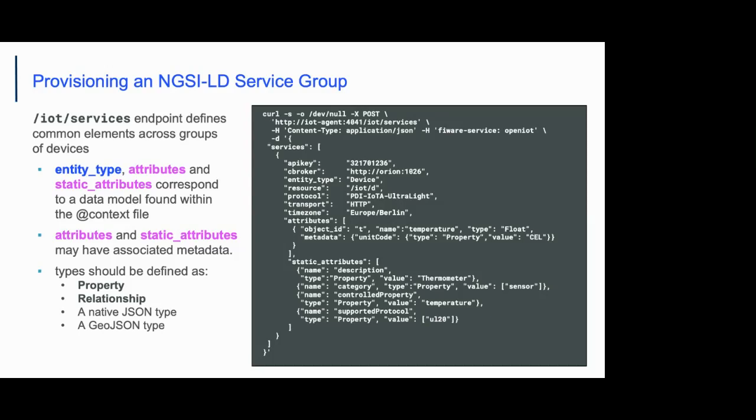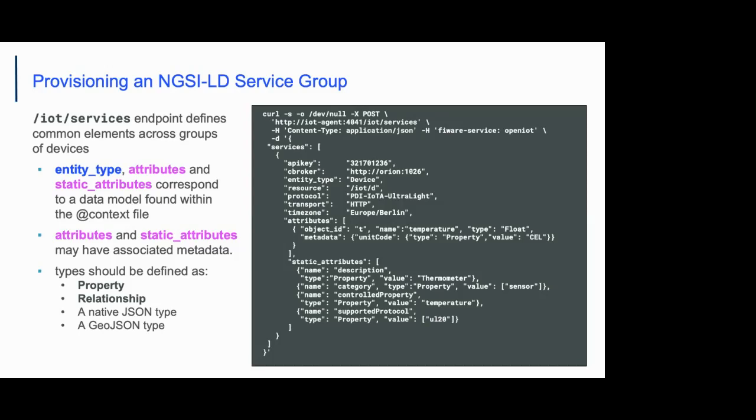The other things that you might want to put in here are either property or relationship, because obviously you could have a static property which is an object or an array or something like that. But basically any native JSON type will do.